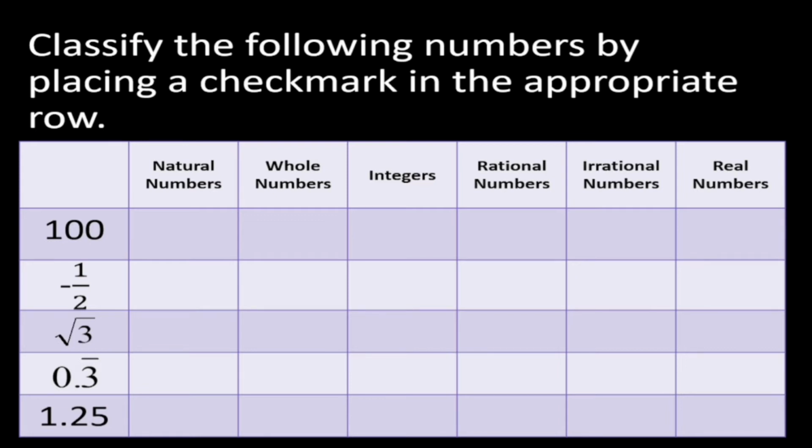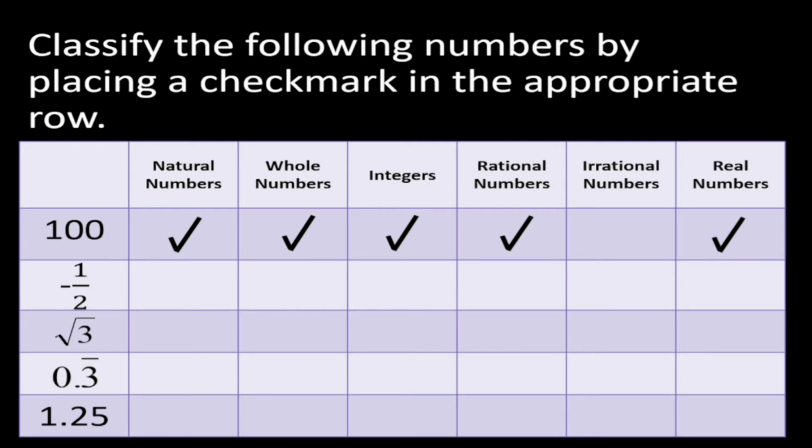So let's try to answer number 1, that is 100. Remember, 100 is part of the natural numbers. It is also part of the whole numbers. We can classify 100 also as an integer, a rational number, and a real number.